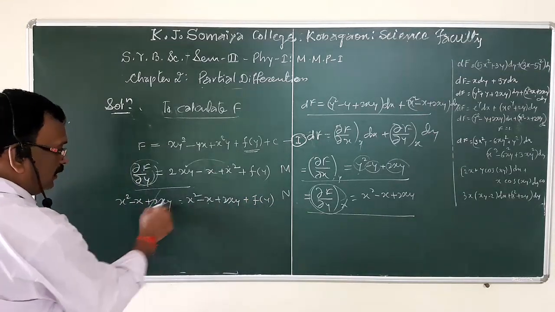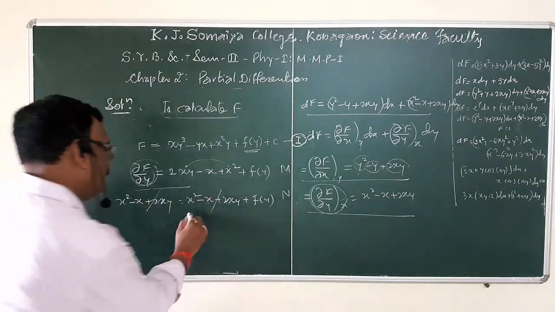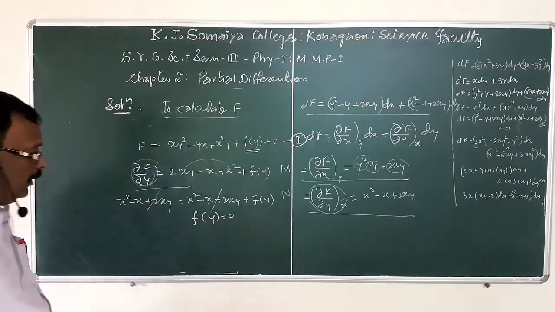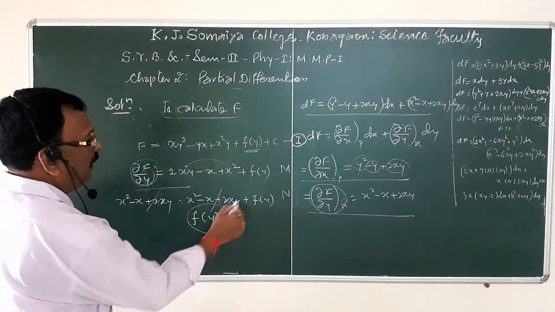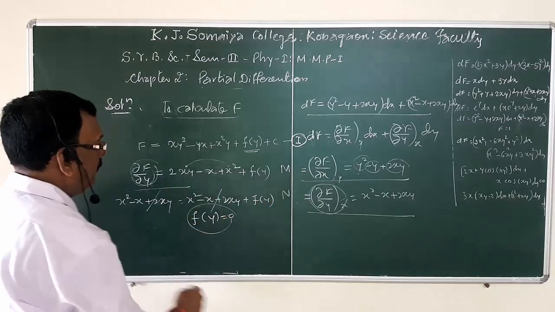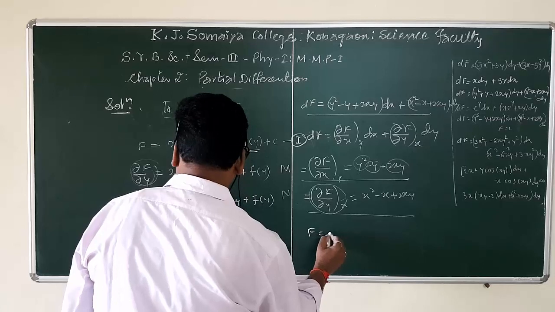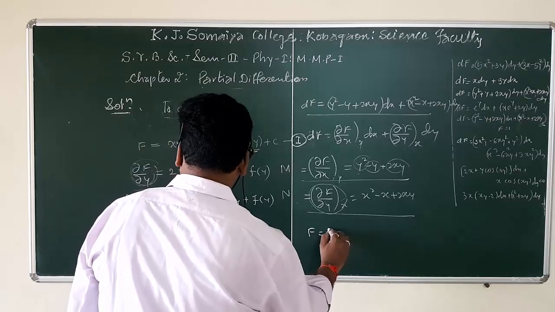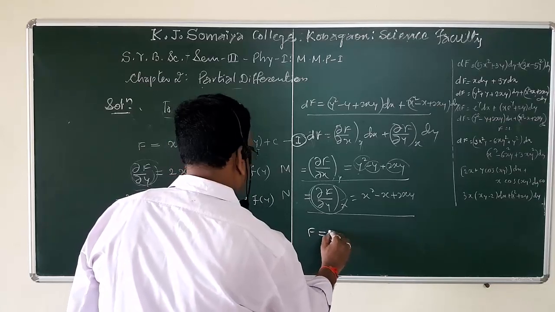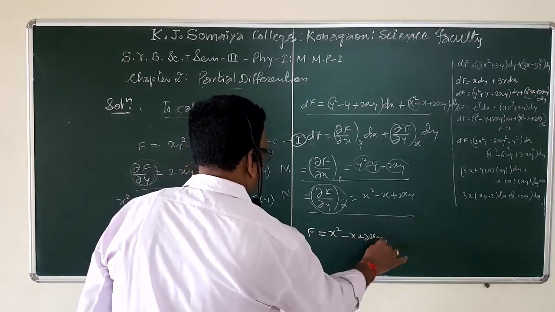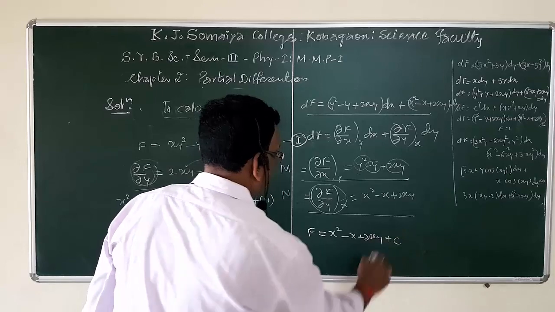It is found that this term gets cancelled with this term, and here f'(y) is equal to 0. When we substitute the value of f(y) here as 0, we have f is equal to x square minus x plus 2xy plus c.